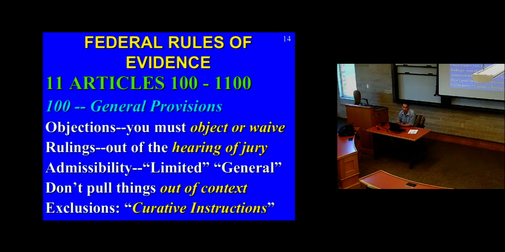Then the curative instruction would be to tell the jury not to take into account what they've heard, to not consider that evidence. Again, it's like unringing a bell. Sometimes it's hard to do. If it's a bench trial, then the judge will just tell him or herself not to take that into account as they are deciding. So that's what a curative instruction is.